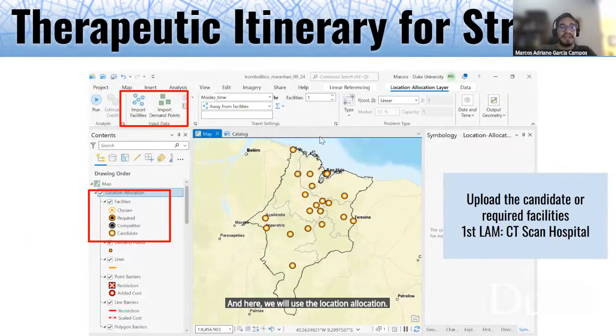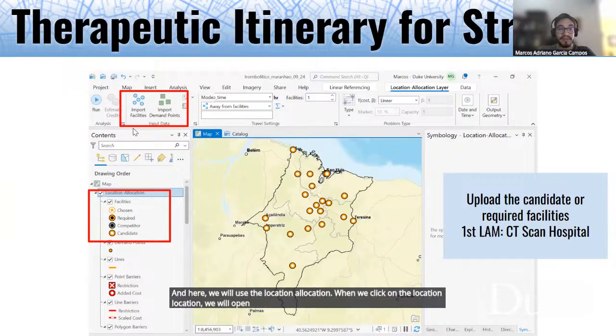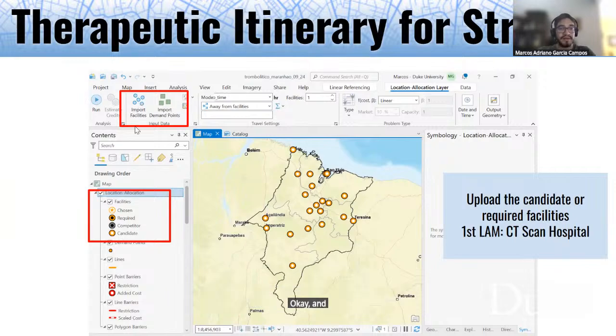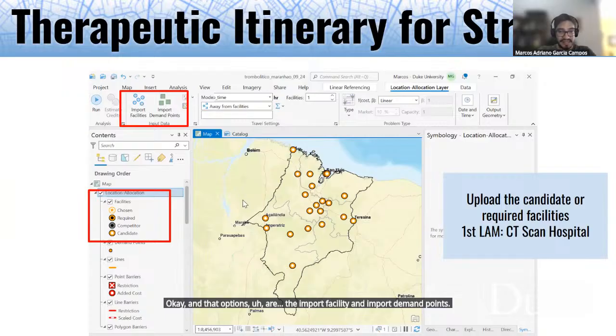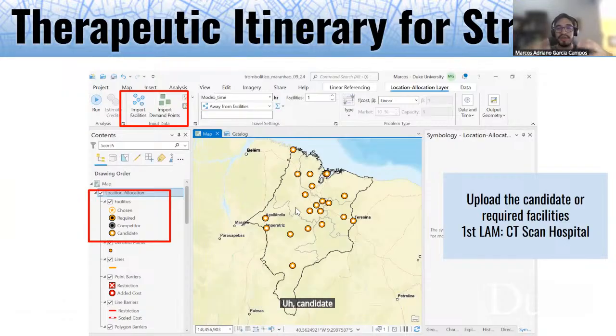When we click on location allocation, a specific menu opens with some options: import facilities and import demand points. I imported the facilities, and I can choose between candidate facilities, which are the potential facilities to receive the service, or required facilities.